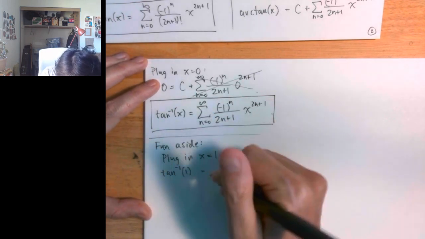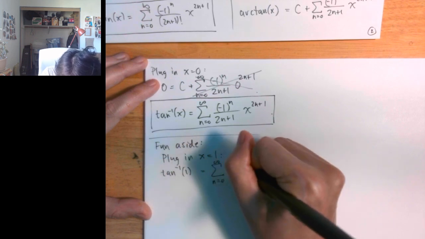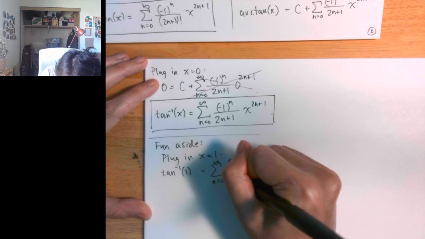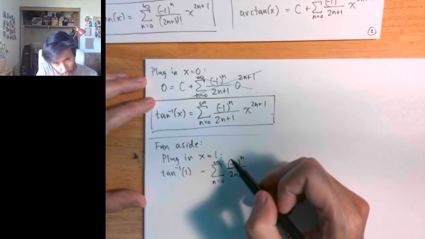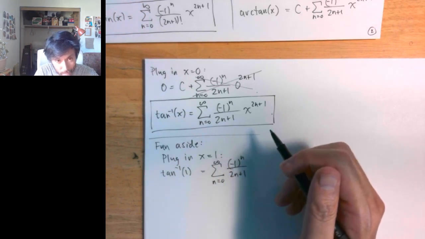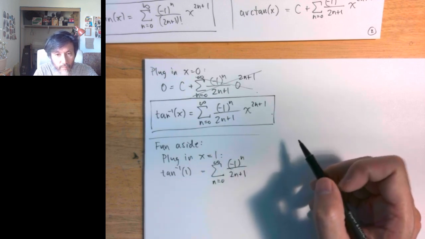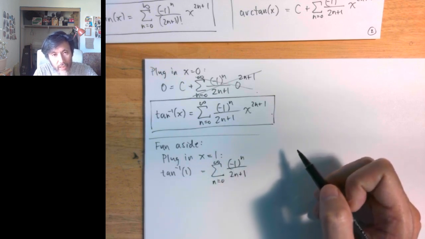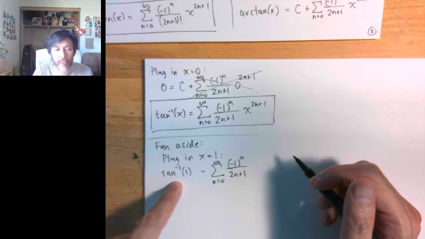And on the right, what do we get? We get the sum from n equals 0 to infinity of negative 1 to the n over 2n plus 1. Right? And then we have 1 to the 2n plus 1 power. But 1 to any power is just 1. Right? And so I'm not even going to write it. We get this. How interesting. Because what are we saying? So first of all, we know what the tangent inverse of 1 is.